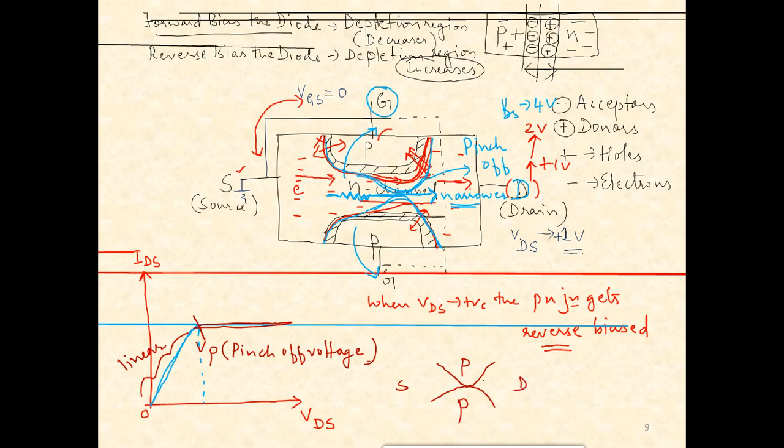That's the source and that's the drain, and electrons are moving from source to the drain. If there is a complete blockage, then how can the electron move from source to the drain? It cannot move, right? So that means the current which was increasing linearly suddenly becomes zero, right?